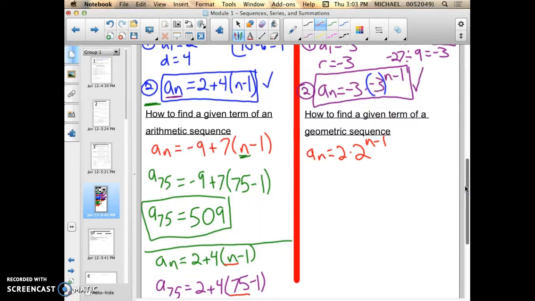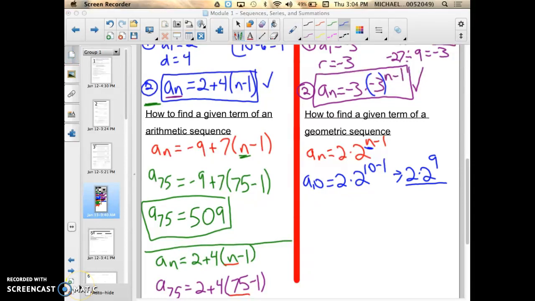And in this case, let's just say I want to find the 10th term, so a sub 10. All I'm going to do is replace n with 10. So 2 times 2 raised to the 10 minus 1. 10 minus 1 is 9, so I'm going to do this math to find the 10th term in this sequence.